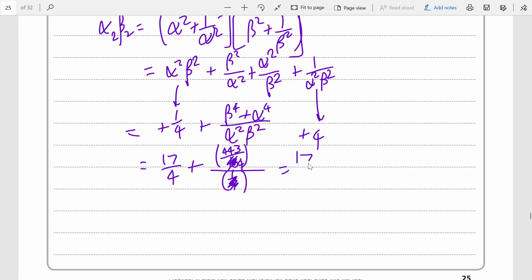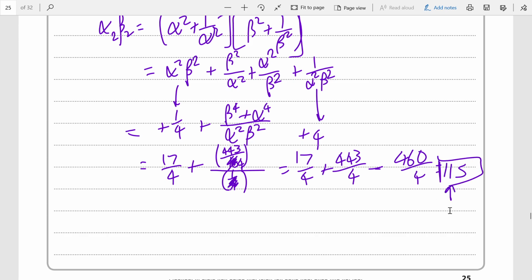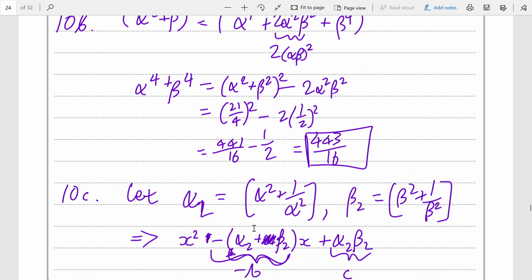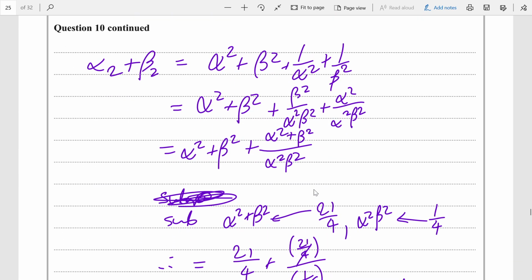So it's 17 over 4 plus 443 over 4, which works out to, using my calculator here unashamedly, 460 over 4, or in this case 115, I think. Just double checking, 115, yep. So this is our product of the roots. This is our C over A. So therefore, this leads to our equation being x squared, and then minus, what did we evaluate as the sum of the roots?